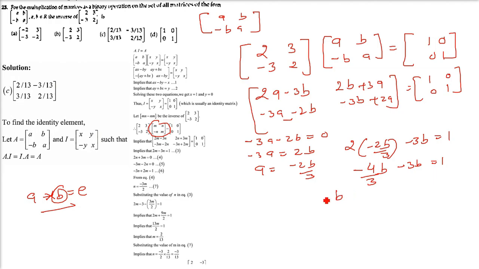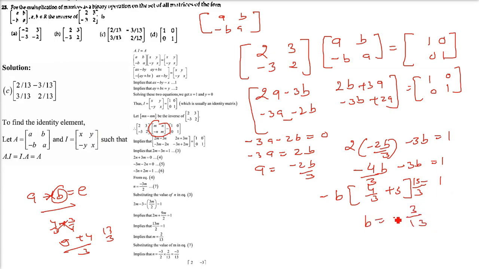I'm just taking negative B common. So 4 by 3 plus 3 by 1 is 4 plus 9 by 3, 13 by 3. So you get minus B times 13 by 3 equals 1. B will be equal to 3 goes up, 13 goes down, and negative on the right hand side. So B is negative 3 by 13.